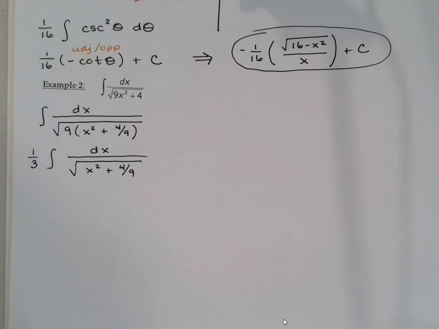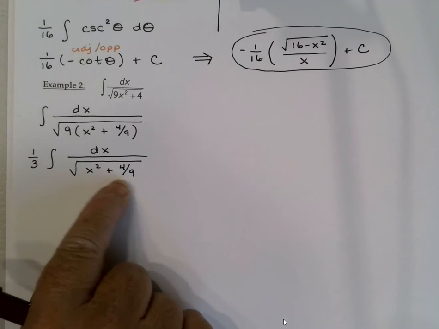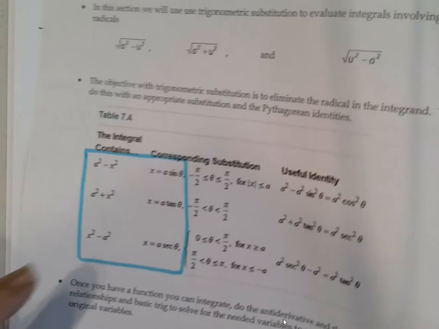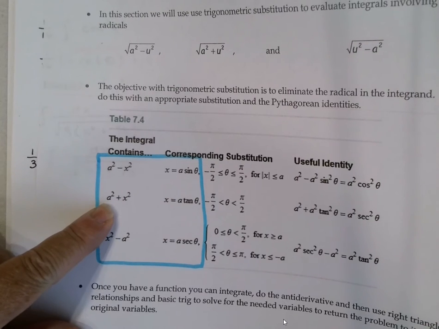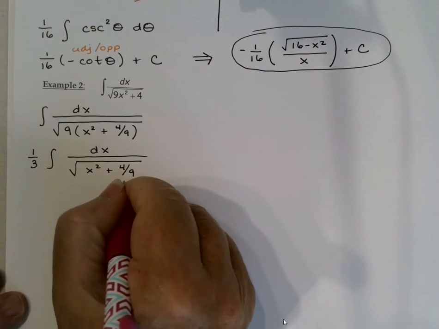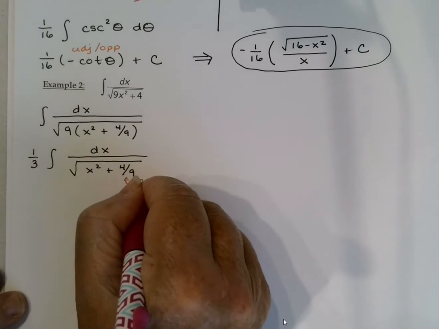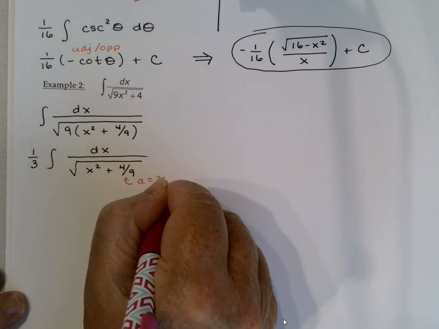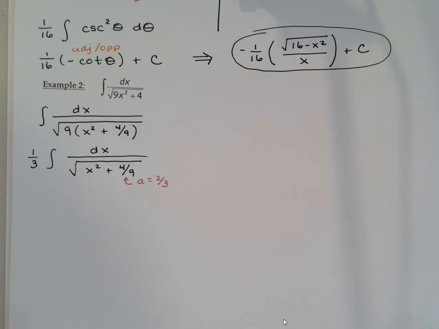All right, now I'm in good shape, and I've got the x squared plus a squared form. This form right here, x squared plus a squared. So I'm going to notice that in this particular case, that's a squared. So a would be the square root of that. A would be 2/3.